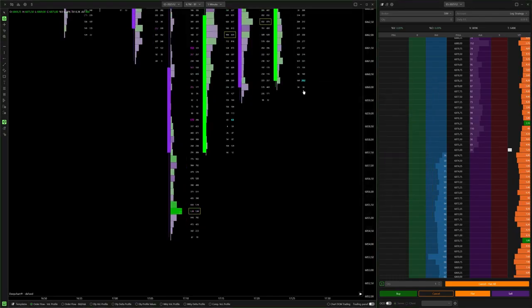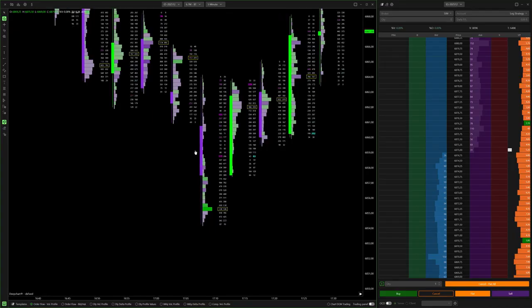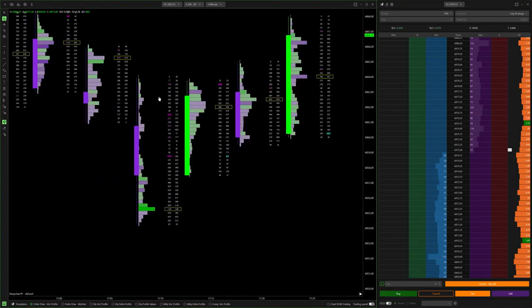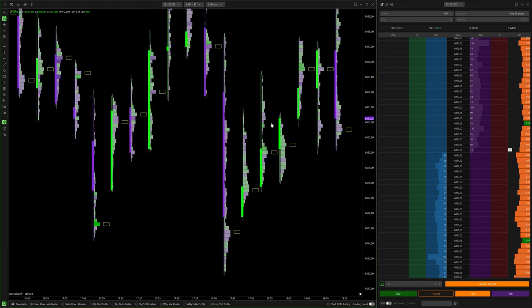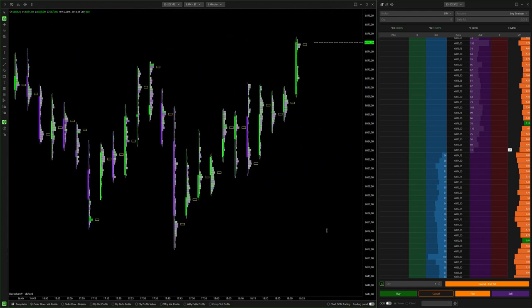And I can simply split my footprint into two and have them side by side. And this is how customizable it is. With all this customization, you can literally get every type of visualization that you want.